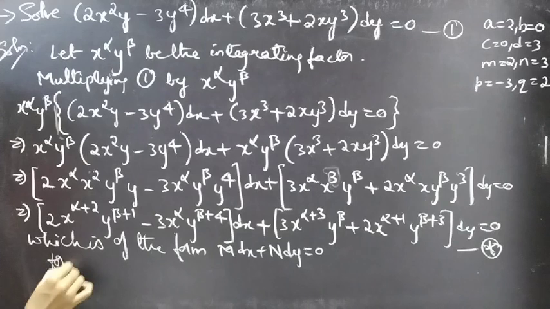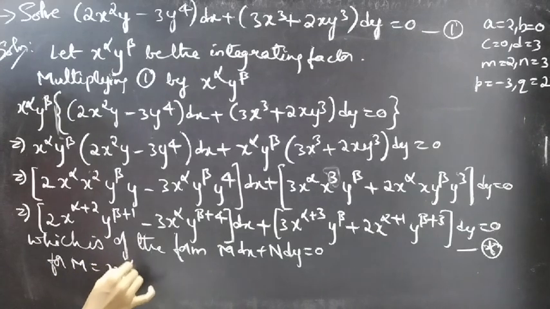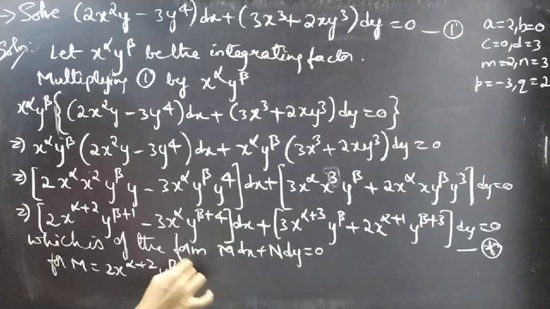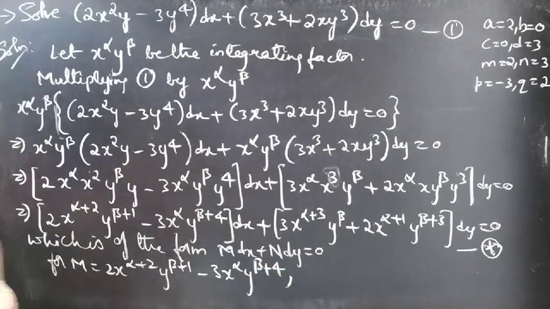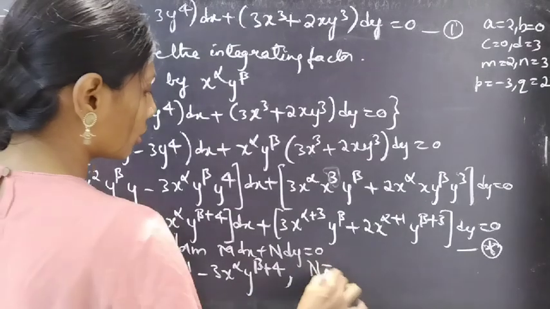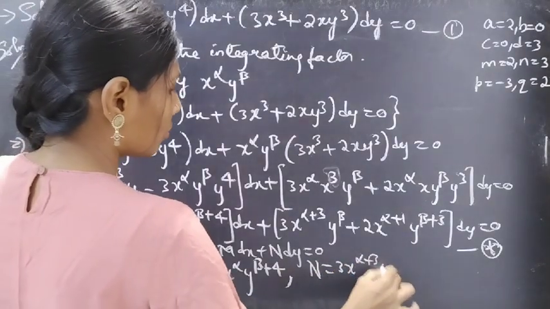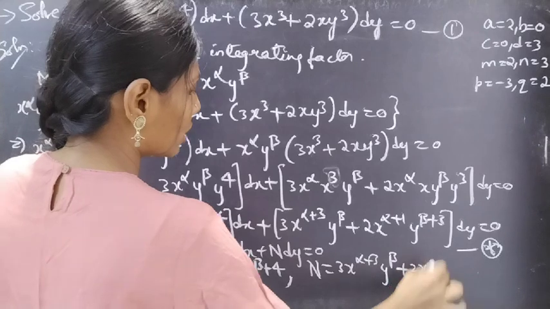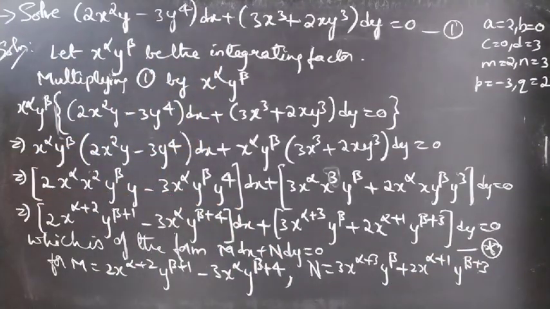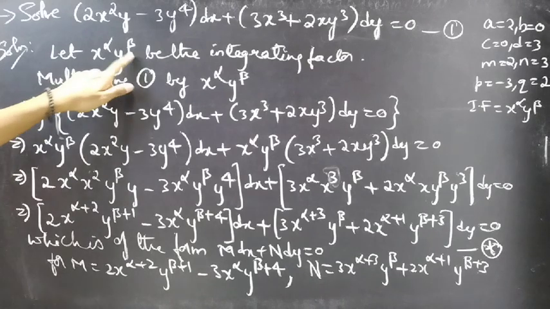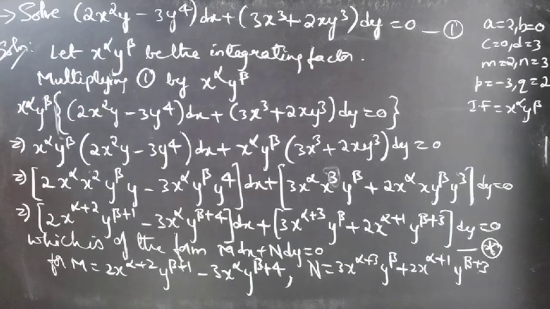For M equal to 2x power alpha plus 2 y power beta plus 1 minus 3x power alpha y power beta plus 4, and N equal to 3x power alpha plus 3 y power beta plus 2x power alpha plus 1 y power beta plus 3. See here, x power alpha y power beta is considered as the integrating factor and alpha, beta are unknowns. We need to find alpha and beta values here.